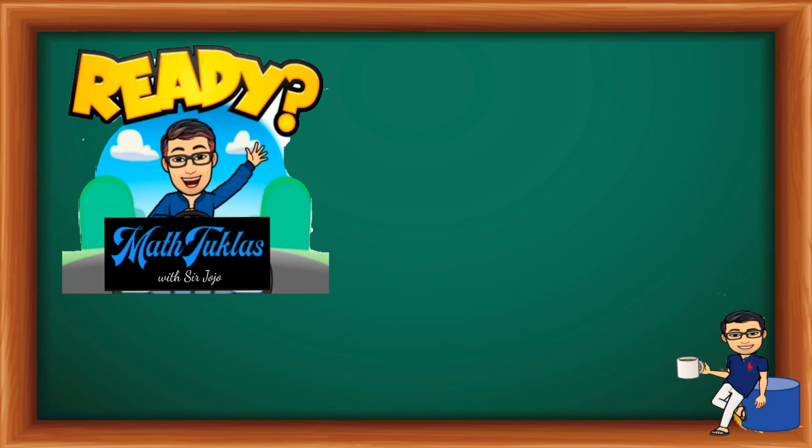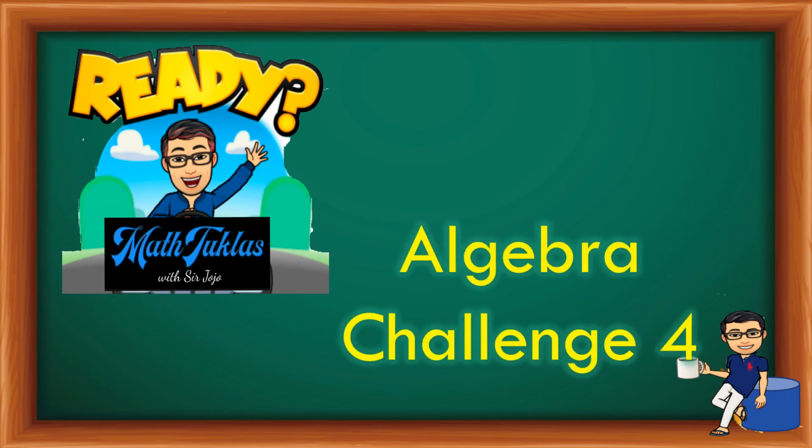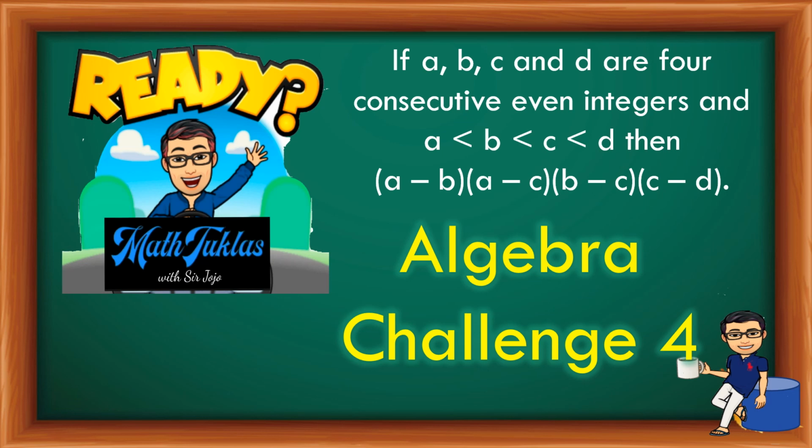And we are in the fourth Algebra challenge. And the challenge is, if A, B, C, and D are four consecutive even integers, and A is less than B, B is less than C is less than D, then the quantity A minus B times the quantity A minus C times the quantity B minus C times the quantity C minus D is equal to what?